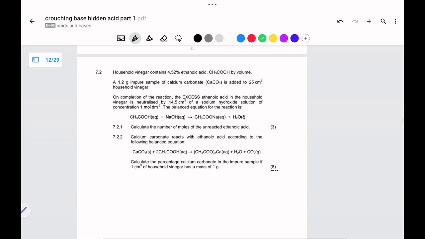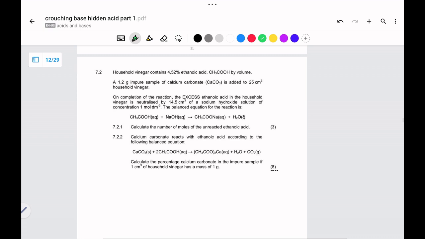Okay, household vinegar contains 4.52% ethanoic acid by volume. A 1.2 gram impure sample of calcium carbonate is added to 25 cubic centimeters household vinegar. Okay, so these are the two reactants, ethanoic acid and calcium carbonate.